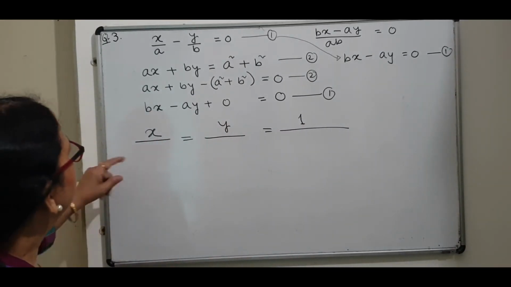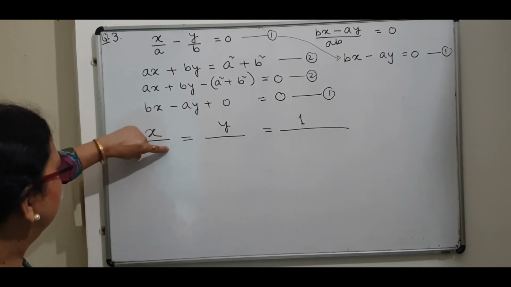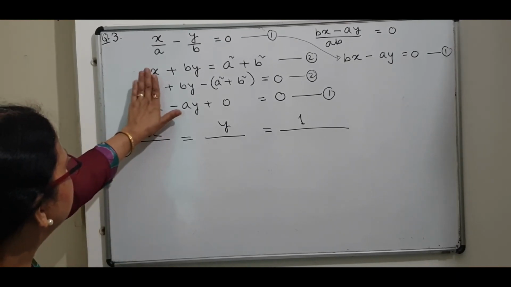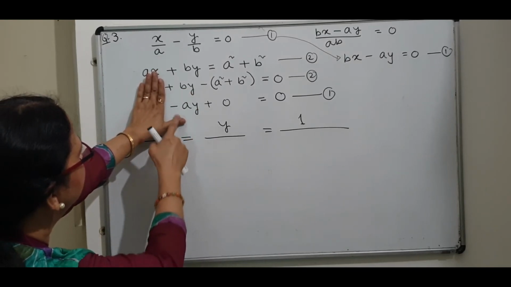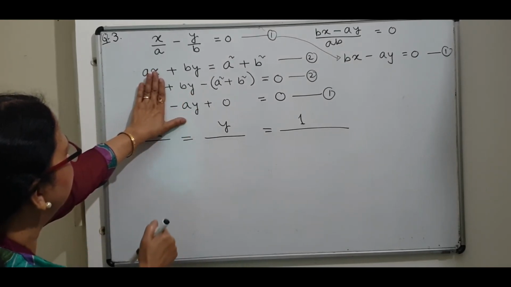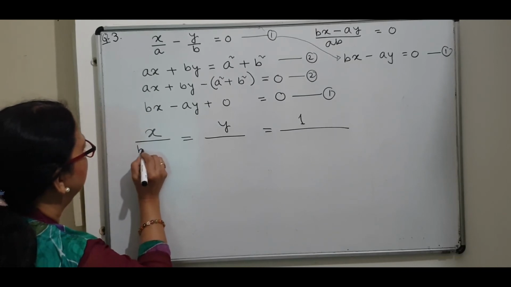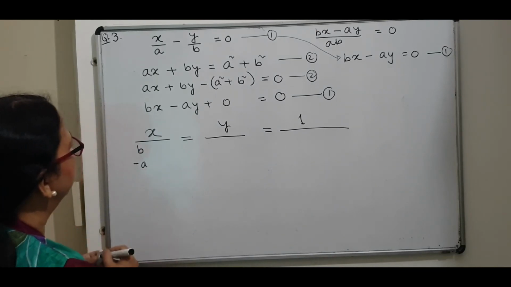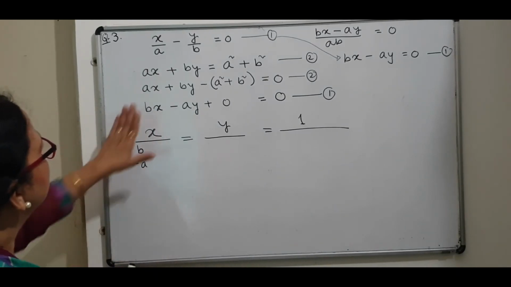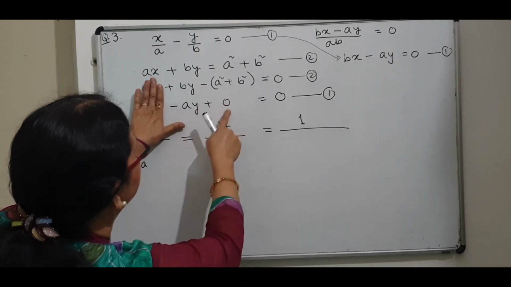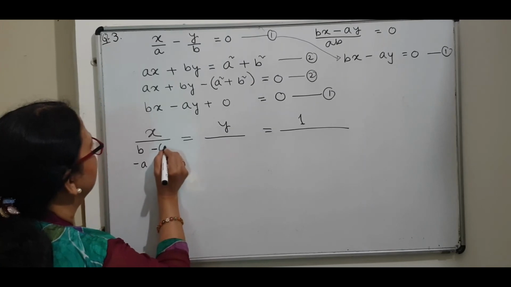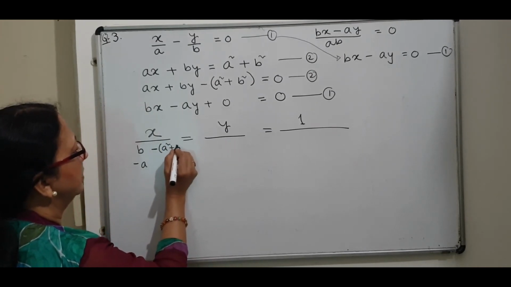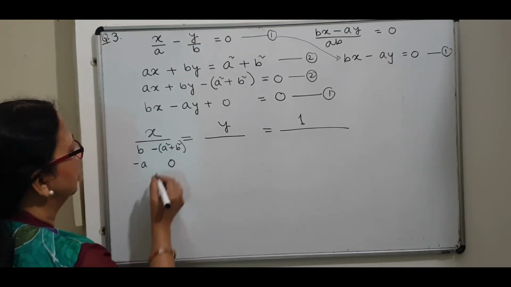As I have shown you, for writing the term under x, I cover the x term, then what is left? b, minus a. When I cover, that I write first: b, minus a, and then minus of this and 0. That's why I've written 0. Minus of a squared plus b squared, and here 0.